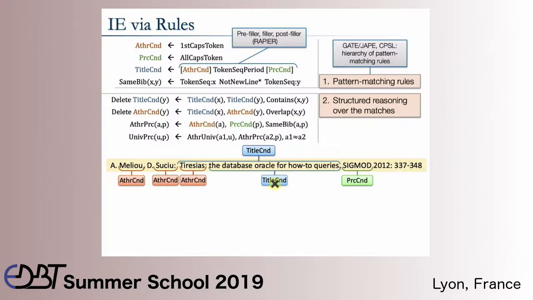Okay, so we're deleting the shorter one here. And another one saying if you have an overlap between a title and an author, then delete the author. Okay, these are, say, cleaning rules where you're eliminating some of the extractions based on conflicts, and we'll see these kinds of rules later towards the end of this talk.